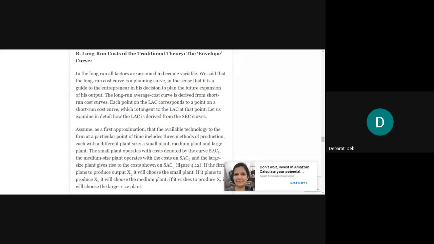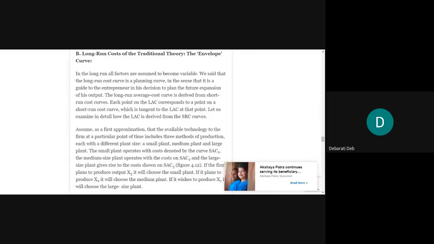The long run average cost curve is derived from short run cost curves. Each point on the long run average cost, LAC, corresponds to a point on a short run cost curve which is tangent to the LAC at that point.